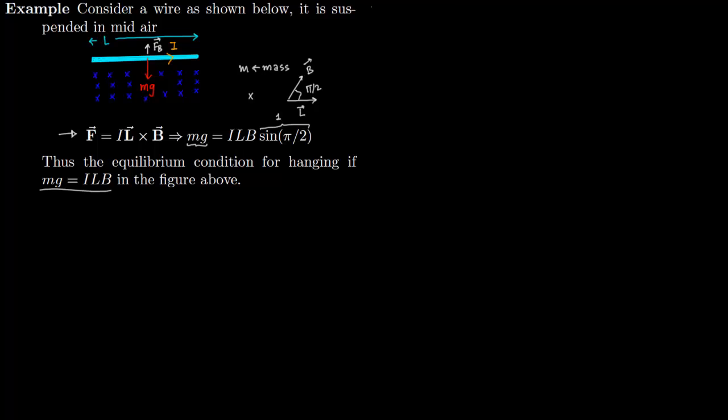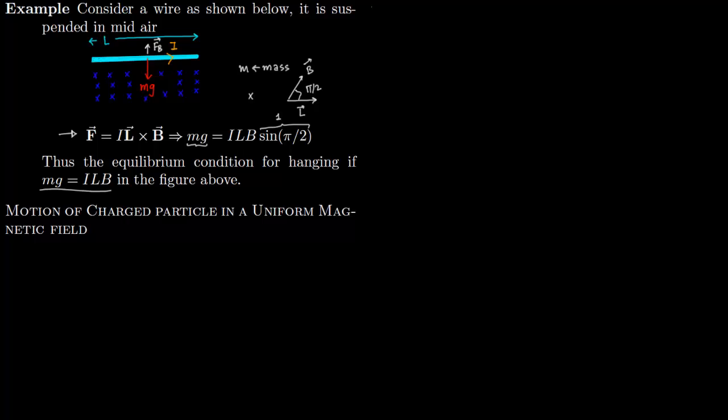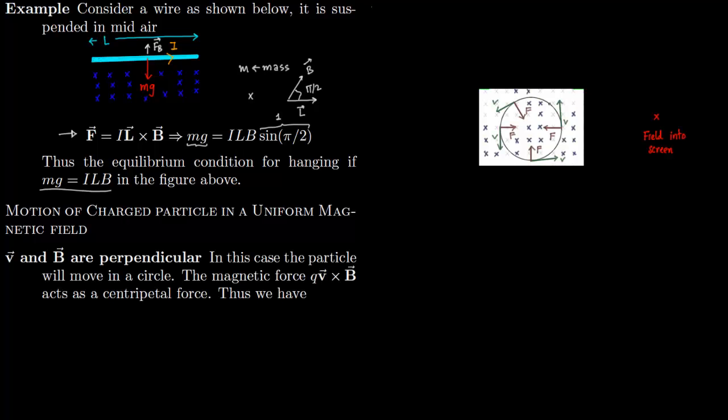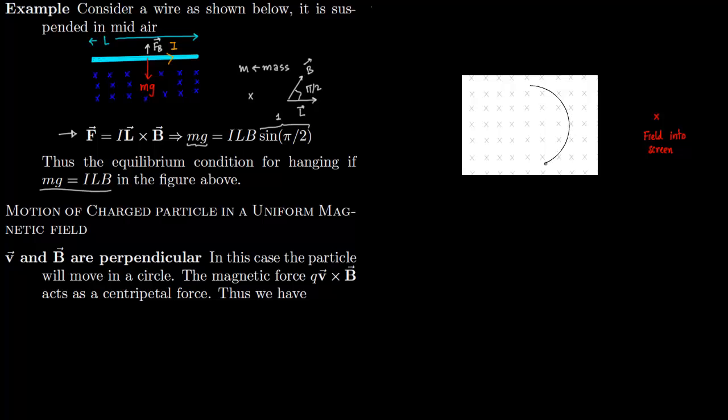Now we talk about motion of a charged particle in a uniform magnetic field. Say the charged particle has velocity v and it is moving in the magnetic field B. Case 1 is v and B are perpendicular. In this case, the particle will move in a circle. The magnetic force, q v vector times B vector, will act as a centripetal force.